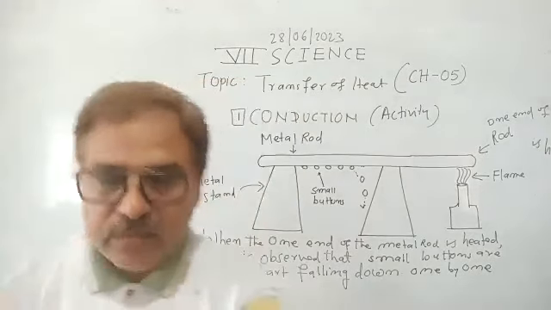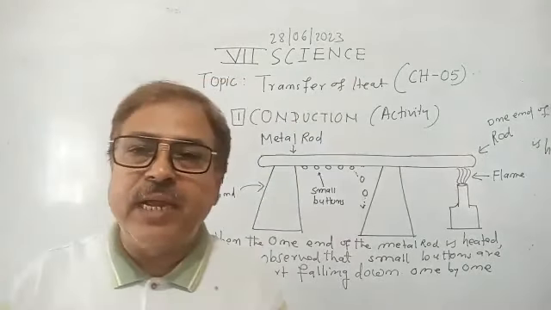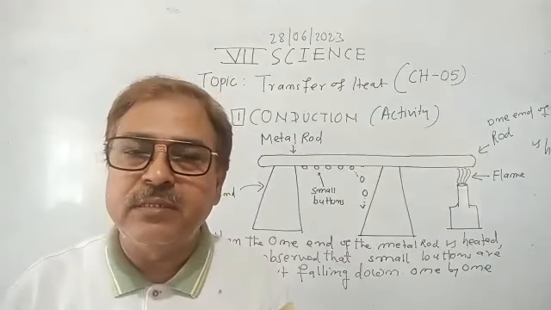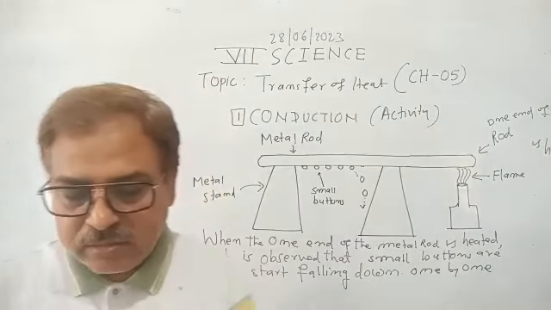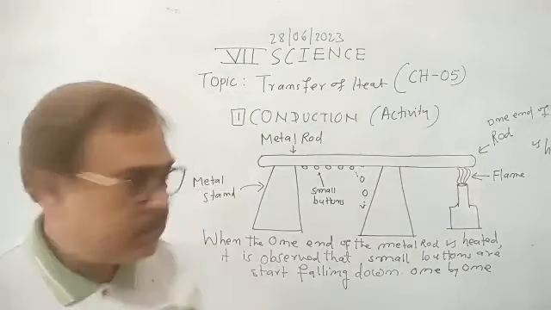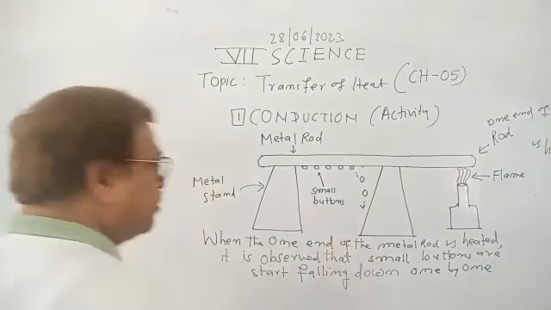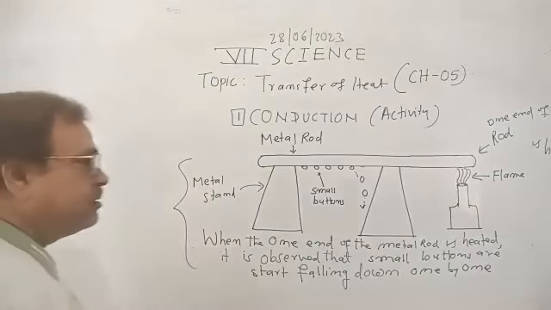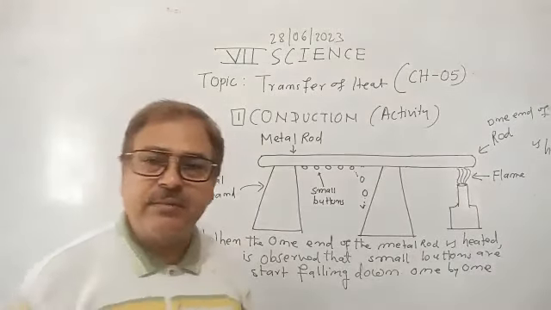And as the temperature gradually increases due to the continuous supply of heat, the buttons are falling down one by one. So this is a very simple activity of conduction.